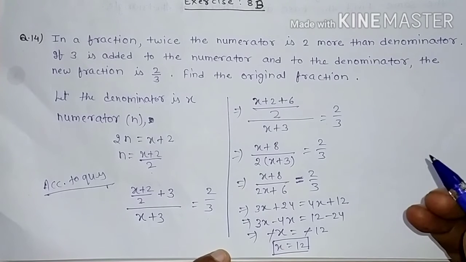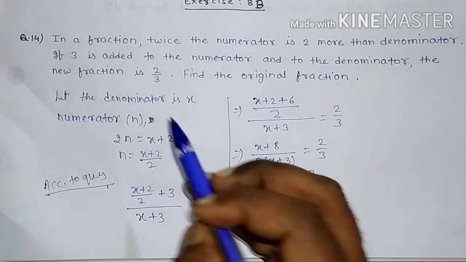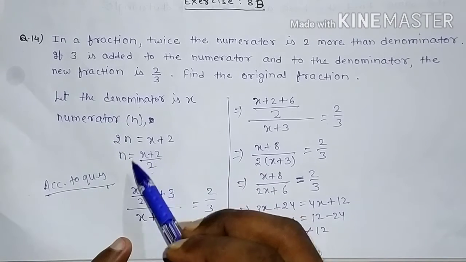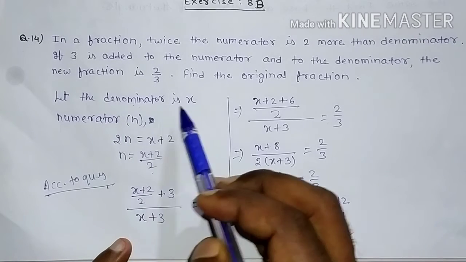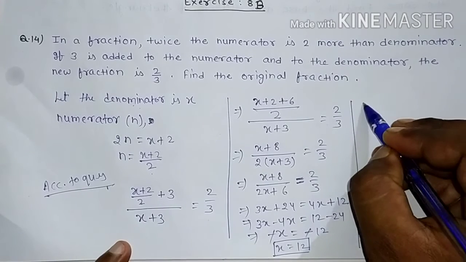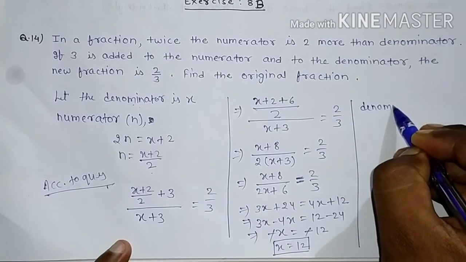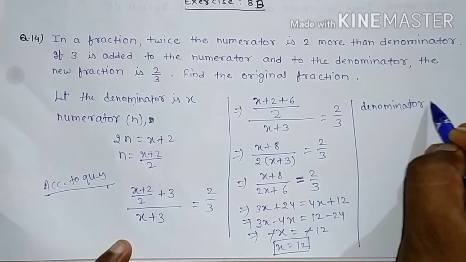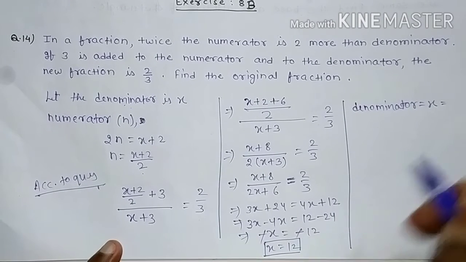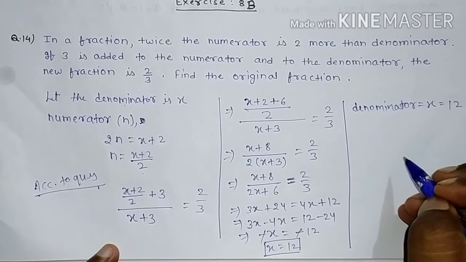Here we have to find the fraction where numerator is given (x plus 2) by 2 and denominator is x. So just find denominator equals x and the value of x is 12, so denominator is 12 here.